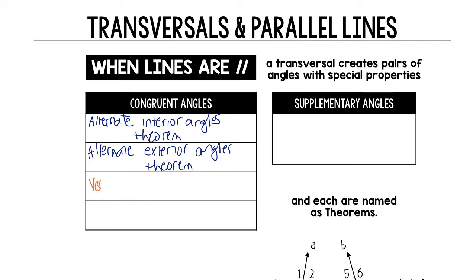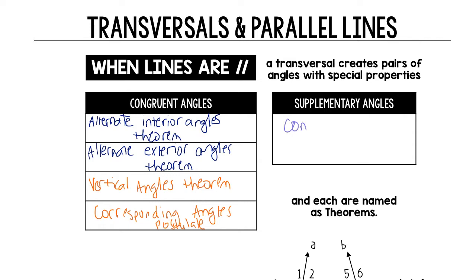The vertical angles theorem: vertical angles are congruent, and the corresponding angles postulate, or corresponding angles are also congruent. The only one that we haven't mentioned is supplementary angles.